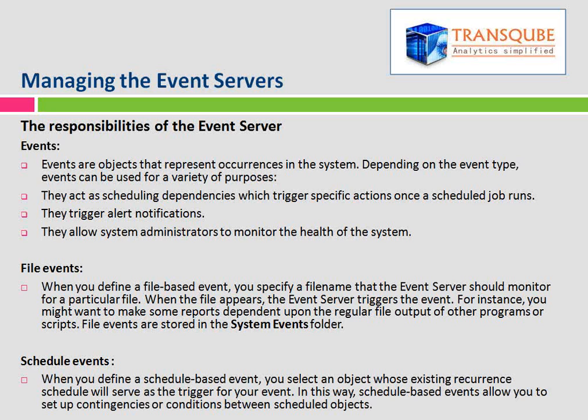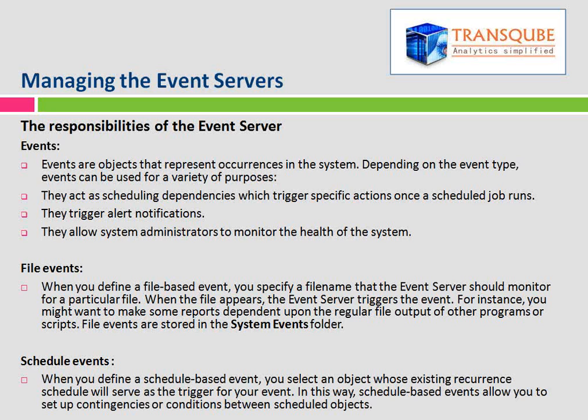Predominantly, they act as scheduling dependencies which trigger specific actions once a scheduled job runs. This typically comes into the picture when you start working with jobs that you schedule to run over a period of time. Eventually you can create a variety of events which can be utilized to make sure the job will not start until the predefined event gets triggered.